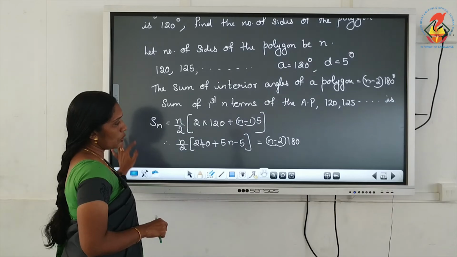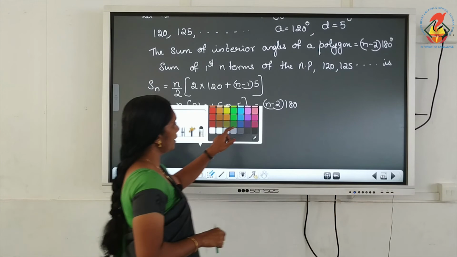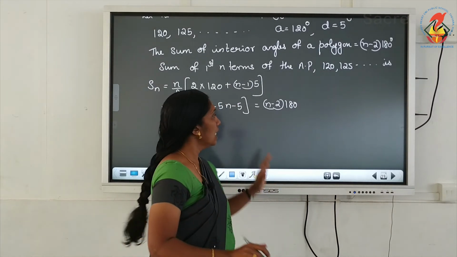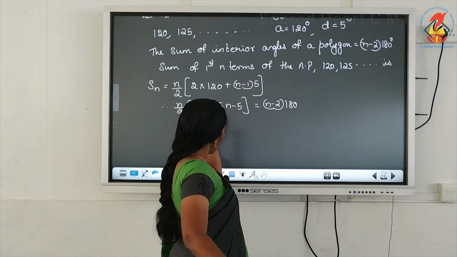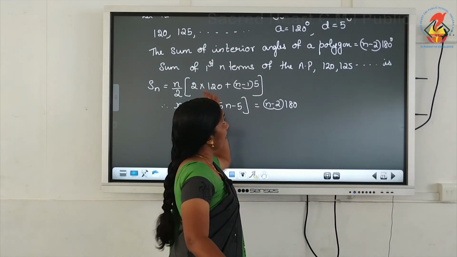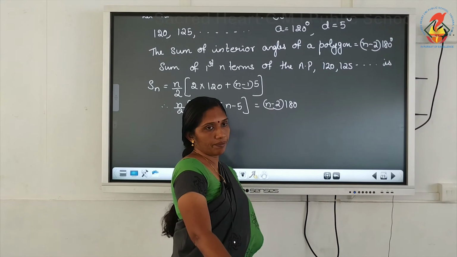Both are equal, both represent the sum of interior angles of the given polygon. This is the general expression for the sum of interior angles of a polygon. This is the sum of interior angles of this particular polygon.